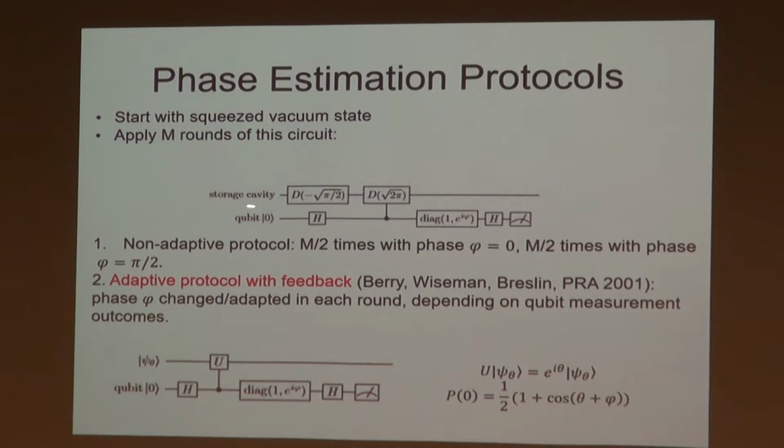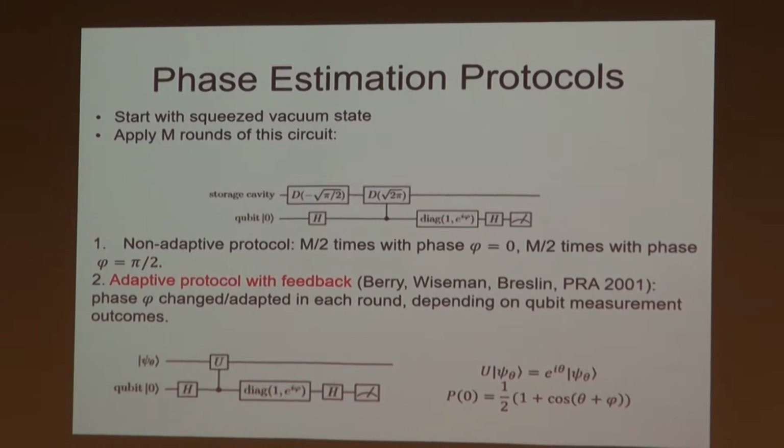So this is a storage cavity. We have our transmon qubits, put in a plus state. We have to do controlled displacement. This is something to symmetrically place the state around the vacuum state. We do some single qubit rotation that can depend on previous qubit measurements, and we measure it in a plus-minus basis.